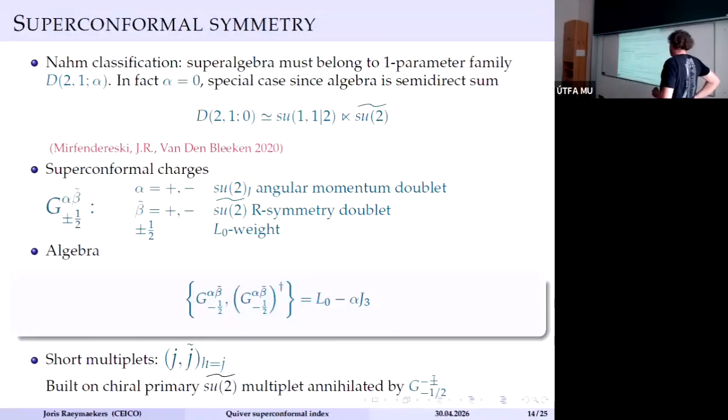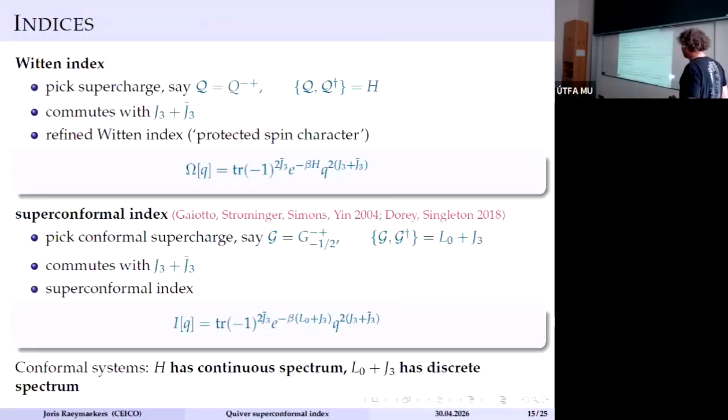And as usual, you can write down an index that basically gets contributions only from these short multiplets and contains information about those, which is usually computable also. So that's our goal here.